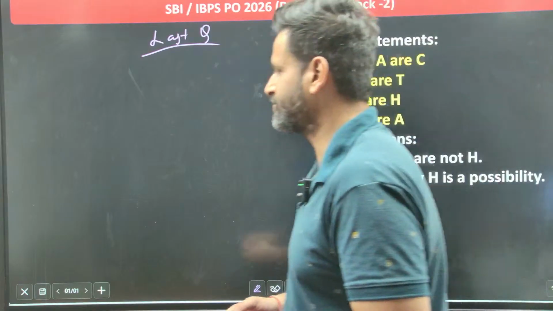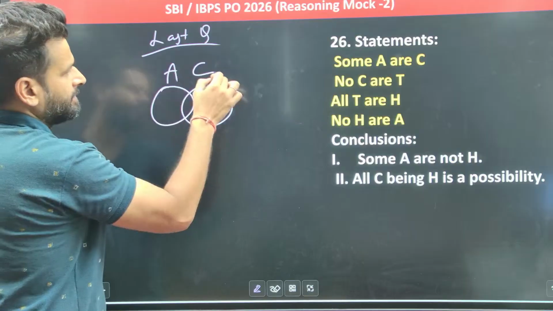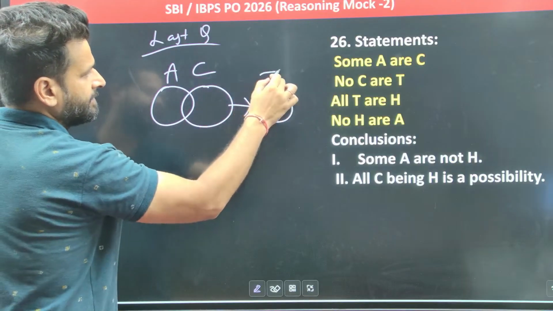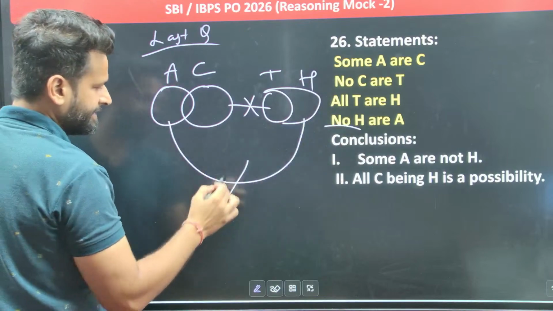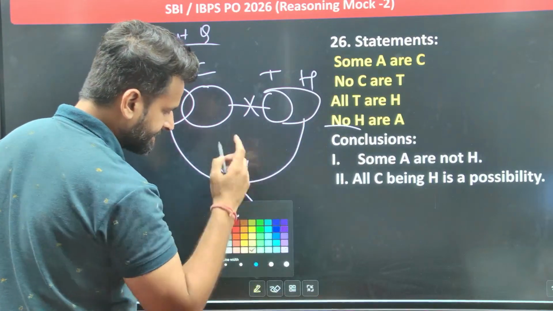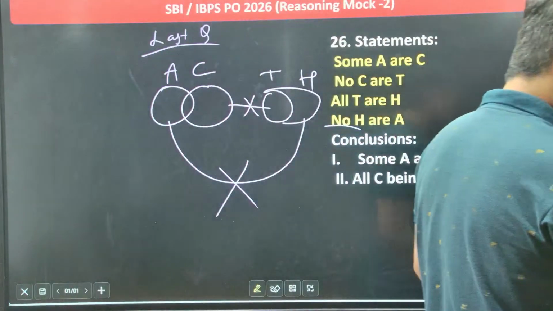Let us draw the diagram. Some A are C, no C is T, all T is H and no H is A. No H is A. Good question. Solve this carefully.